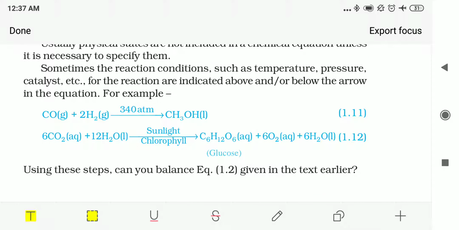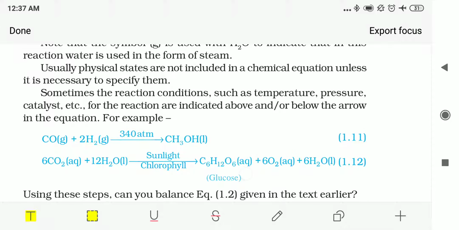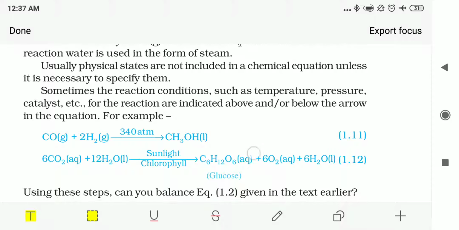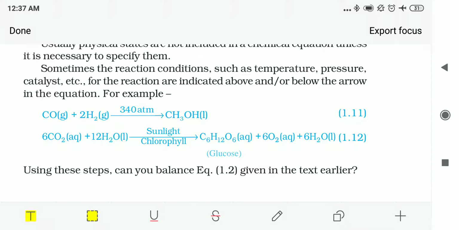For example, CO plus 2H2 at 340 atm will give CH3OH. This atm is the unit for pressure, meaning atmospheric pressure. Sometimes we write pressure and temperature also. These are the reaction conditions, meaning at this particular pressure or at this particular temperature, this reaction will take place.